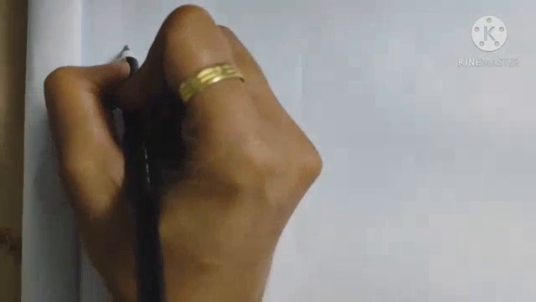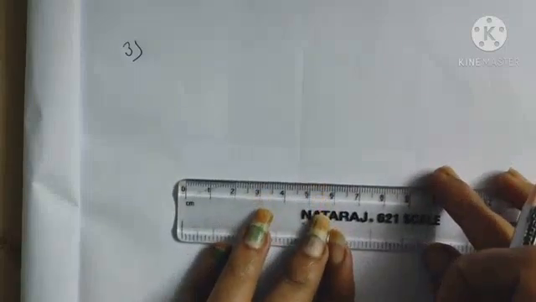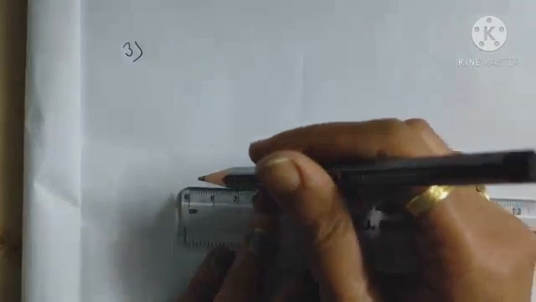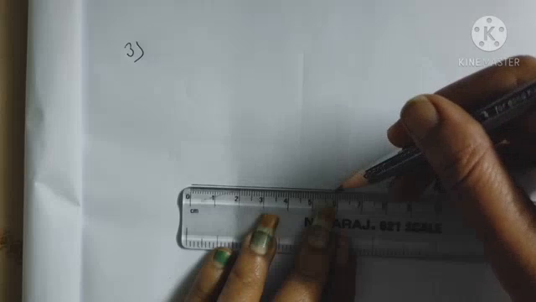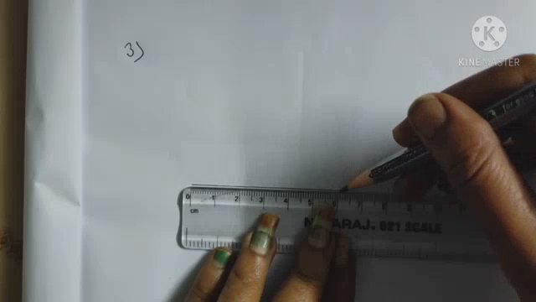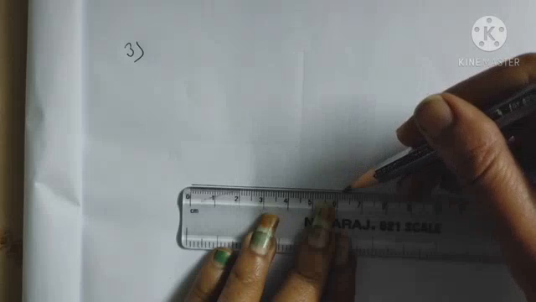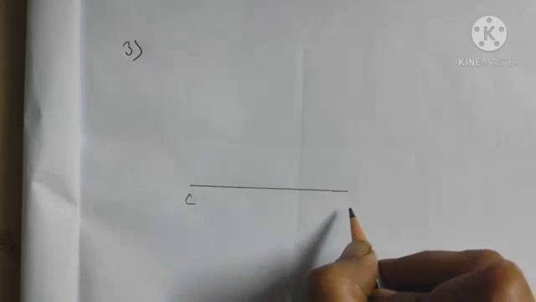Now here number 3. First draw a line segment taking measurement 6.3 from point O. 6.3, here 6, then 1, 2 and 3. 6.3 and mark as CD.